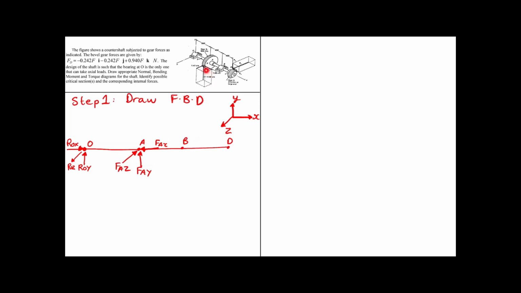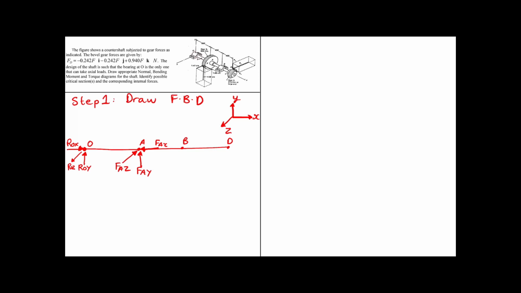Now another component that would be generated here would be moment, because this force is applied at a location away from the shaft. So what happens is this force is applied on this gear. This x-axis force would create a moment about y-axis, because if you shift this y-axis to this gear over here, you can see that this x-axis force is going to cause a clockwise moment about y-axis.